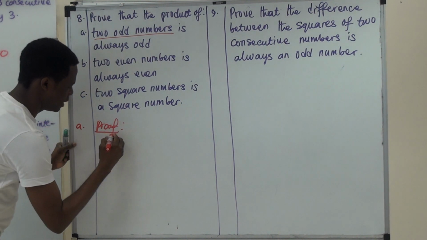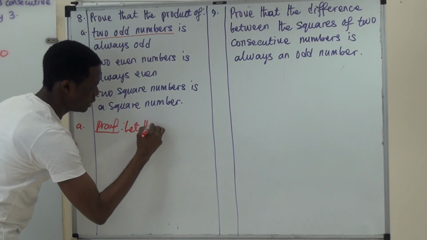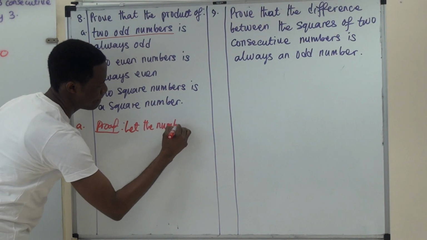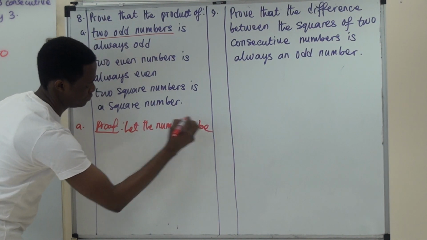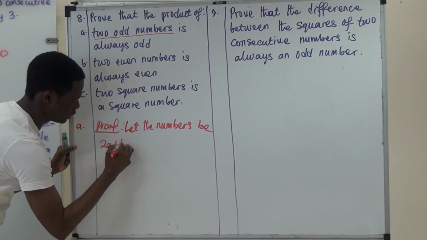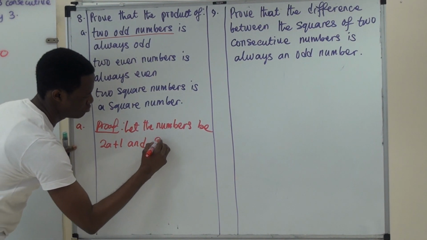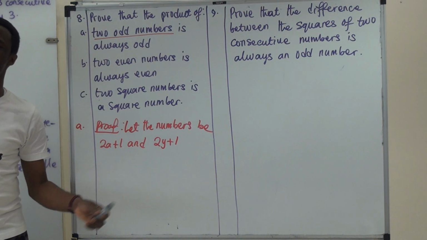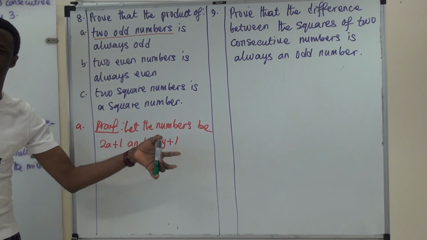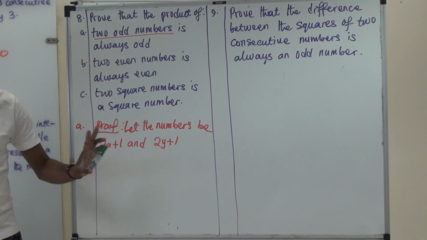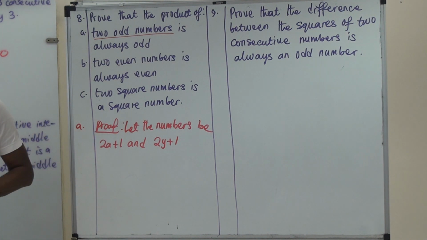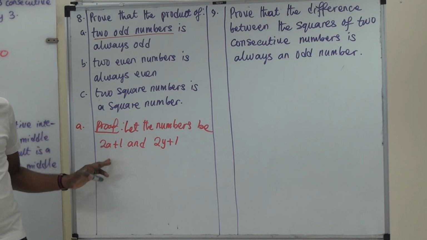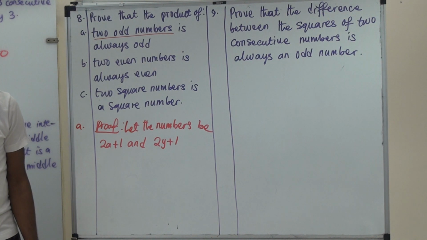So we say, let the numbers be 2a plus 1 and maybe 2y plus 1. If I write 2b plus 1, I don't want you to think they are consecutive because a and b are consecutive letters. These are just variables, please. Do not draw unnecessary conclusions. You're probably a fan of the English alphabet and you think, oh yeah, this must be 8 and this must be 10. No, not like that.